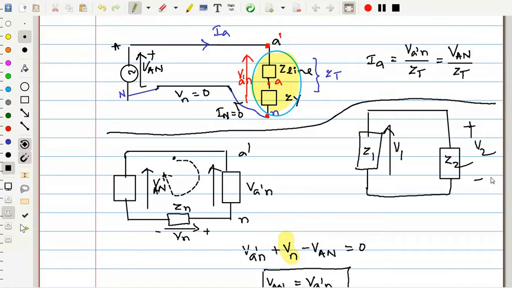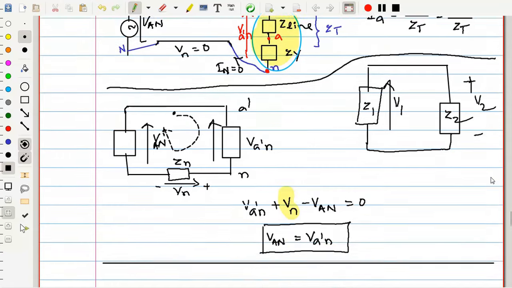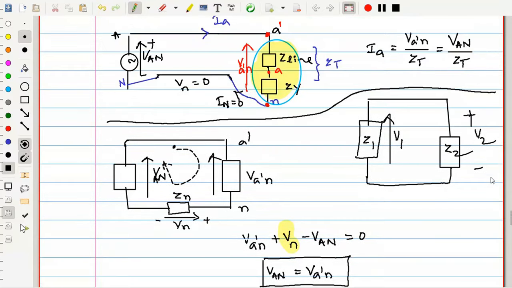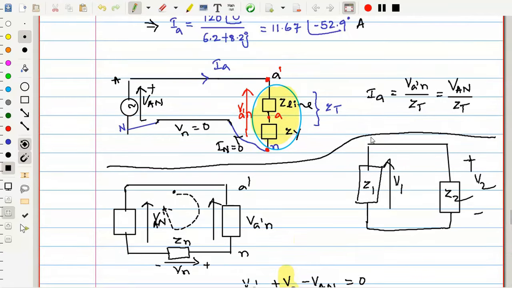That may not be the person who asked, but I hope many people might have the same doubt. These are very basic KVL and parallel circuit problems, so you need to understand. That's why I told you, thereafter I will be writing directly. So this is parallel equivalent. This voltage is VAN, this load voltage is also VAN. That is, VA dash N is equal to V capital AN.